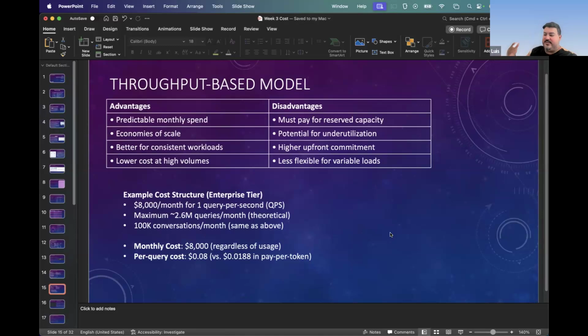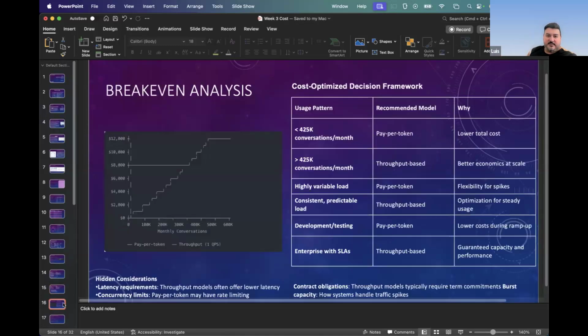So when does it make sense to do something like this? You need to look at your average conversations per month. You need to do a break-even analysis. If I look at my chatbot and I see I'm having 300,000 conversations, does it make sense to keep paying per token?